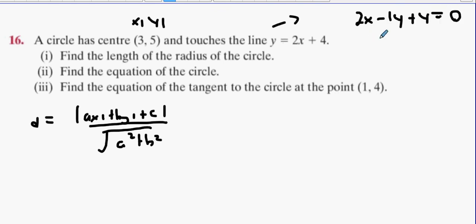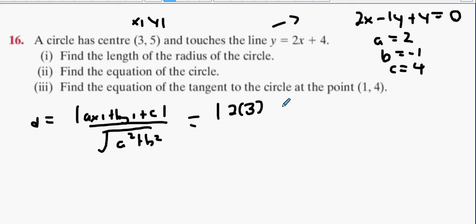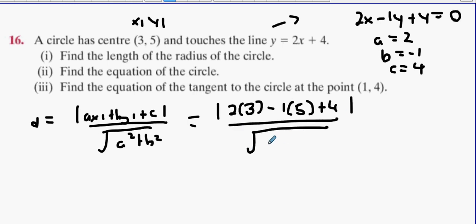This means your a value is 2, your b value is minus 1, and your c value is 4. Throw it all in, so you're going to get 2 times 3 minus 1 times 5 plus 4 all over the square root of 2 squared plus minus 1 squared.